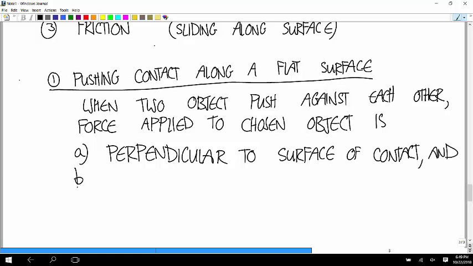And second, toward the chosen object. And so then it also has to be away from the contacting body.